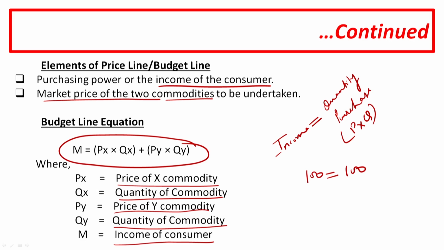So, whatsoever you are purchasing at a given price of the respective commodity, that should equal the income of the consumer.